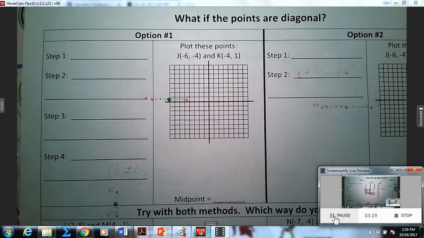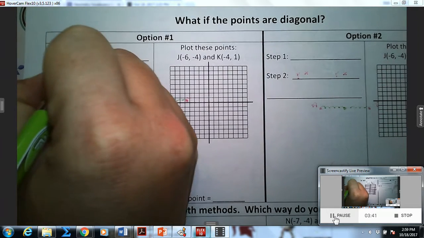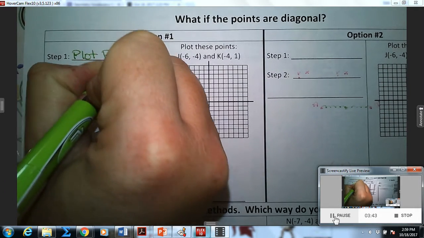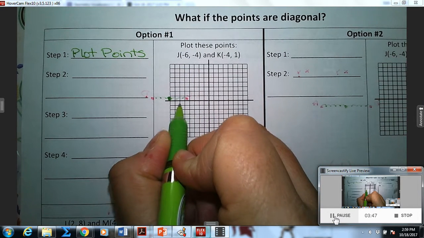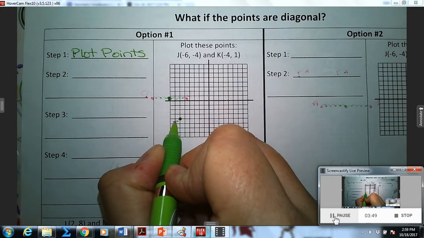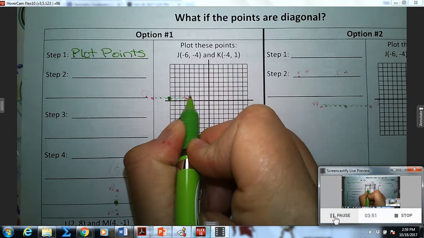Okay, what to do if the 2 points are diagonal from each other and counting is a lot harder? Well, we're going to start this process a lot like we started the distance formula. Step 1, plot the points. So J is at -6, -4. K is at -4, +1.